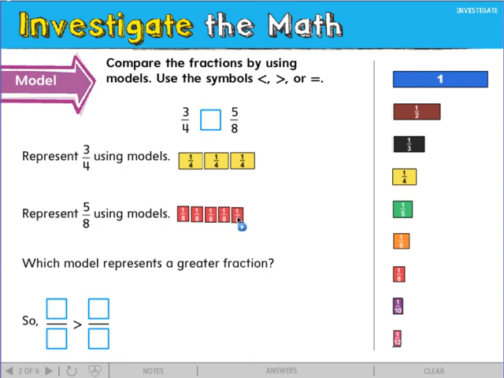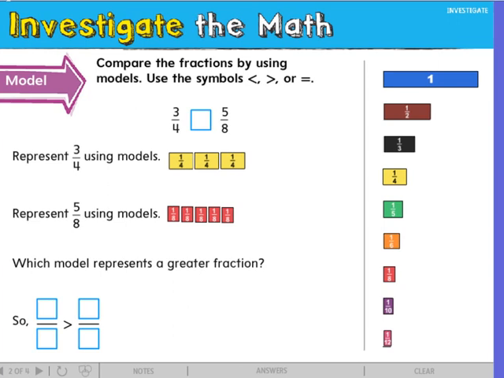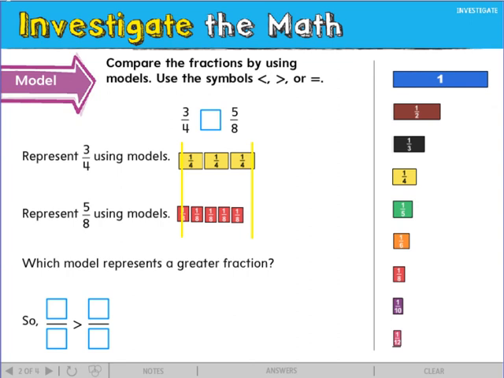Now, according to our models, which one is the greater fraction? The 3/4. Because look, if we draw a straight line here, I guess it would help if I got my lines closer, huh?